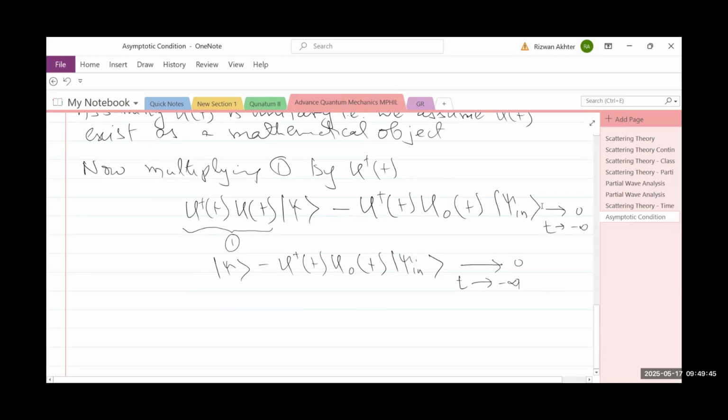So what we need to show is that u dagger of t, u naught of t has a limit as t tends to minus infinity. This is the limit we need to find out here.